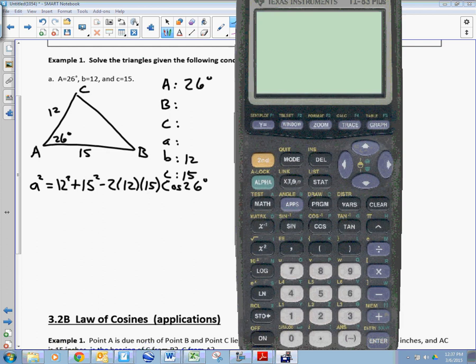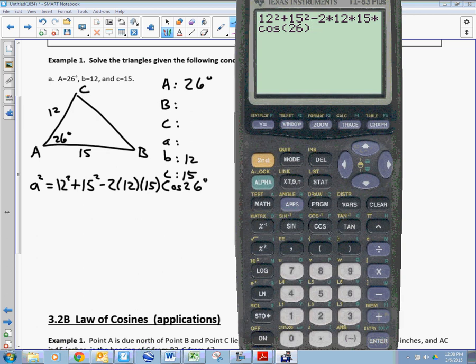I go to my calculator, and I just type it in. 12 squared plus 15 squared minus 2 times 12 times 15 times the cosine of 26. Sometimes when people put this in there, they do 12 squared, enter, and then plus 15 squared, enter.